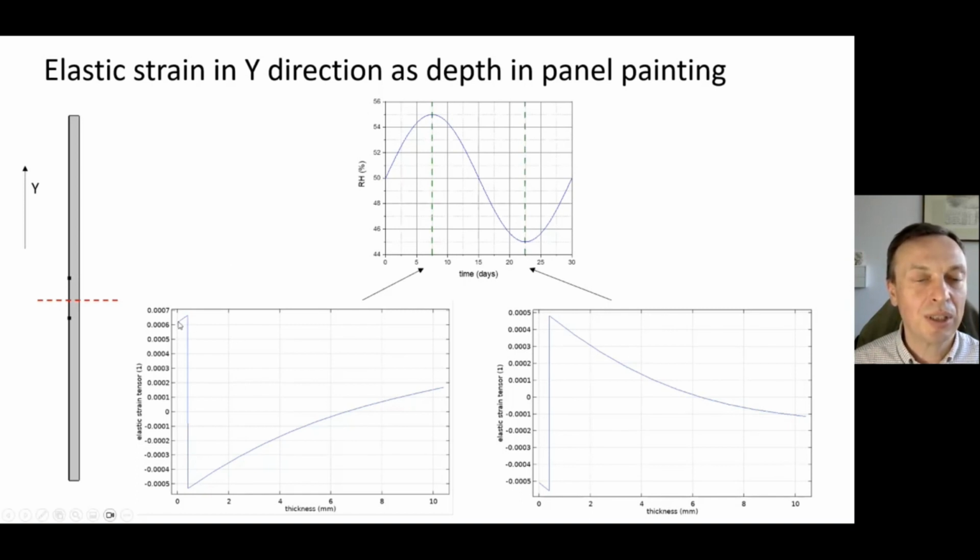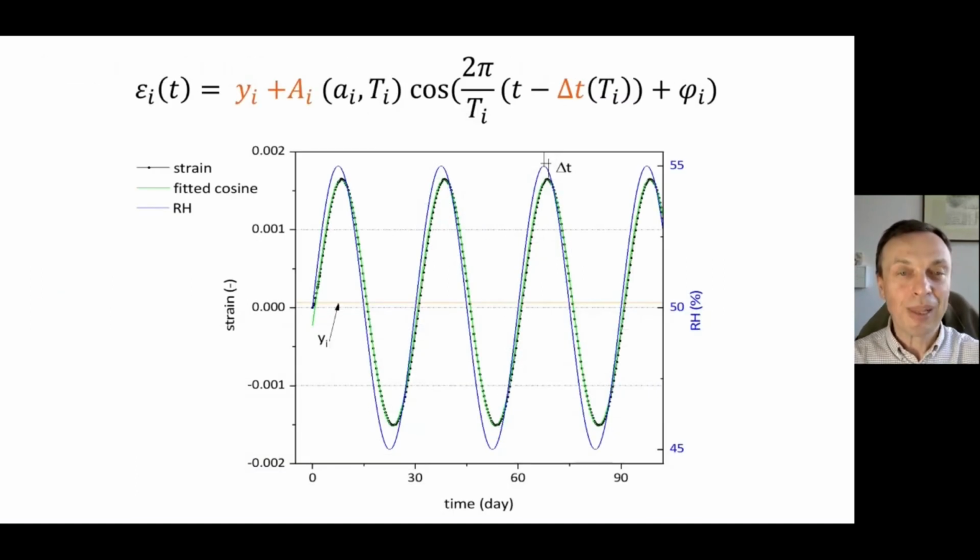As you can see, there is a slight distribution of the strains, but the strains are the largest at the interface in the gesso layer close to the wooden substrate. And when the relative humidity drops to the minimum value, we have the reverse situation, but again, the strains are the largest close to the interface between gesso and the wood. Here you can see one of the results of such simulations.